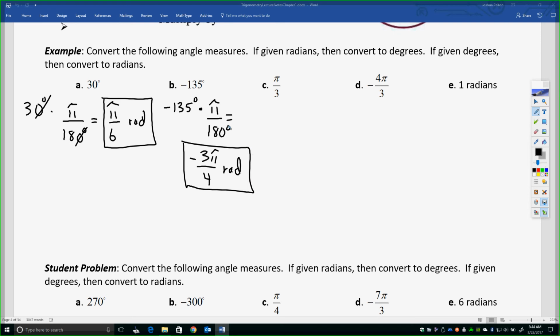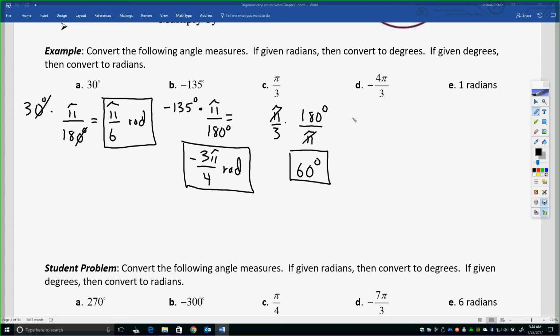Okay, then we have pi over 3. This time we have pi over 3, but we want to convert to degrees. It means we need to get rid of radians. So it's 180 degrees over pi radians. That'll cancel there, and that'll give me 60 degrees, because the radians canceled. So you see what we're trying to do here: when it's degrees, cancel degrees; when it's radians, cancel radians.